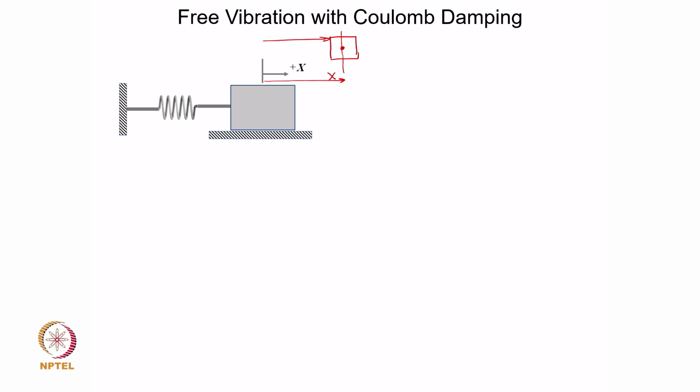But because of its own inertia, it does not come and stop at the equilibrium position, it continues to slide to the leftmost extreme position, and so the spring gets compressed as it goes past the mean equilibrium position, and it would settle down somewhere here in its leftmost extreme position.